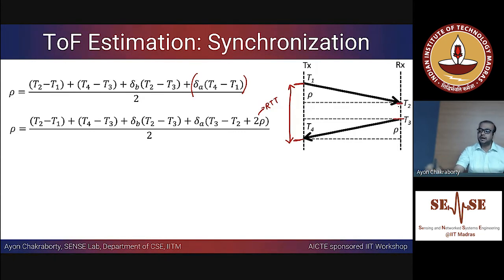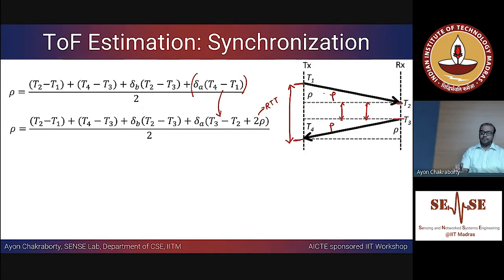There was some time that was spent here, so T3 minus T2. This is clear, I think. T4 minus T1 can be written as T3 minus T2 plus twice rho. So this is one rho, this is another rho, and this is your T3 minus T2. Totally, it becomes T4 minus T1, this entire gap.